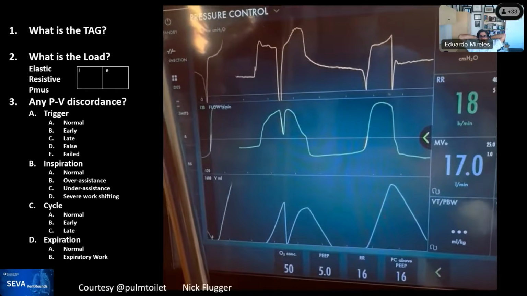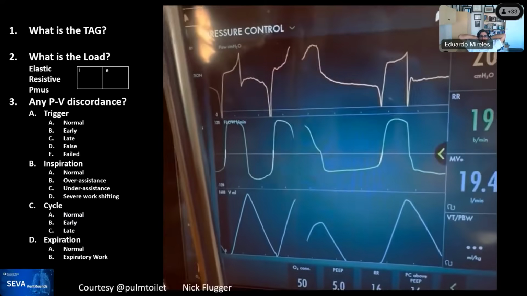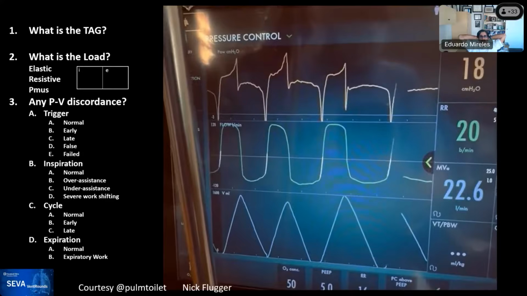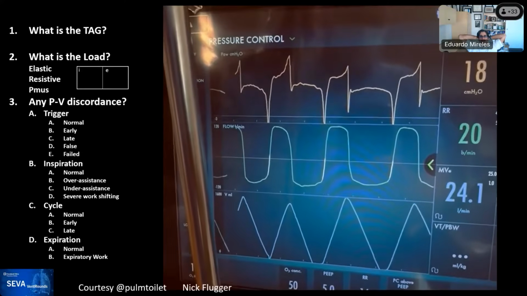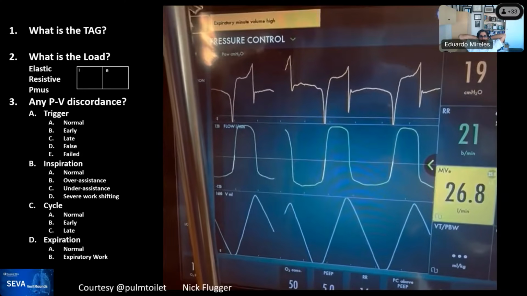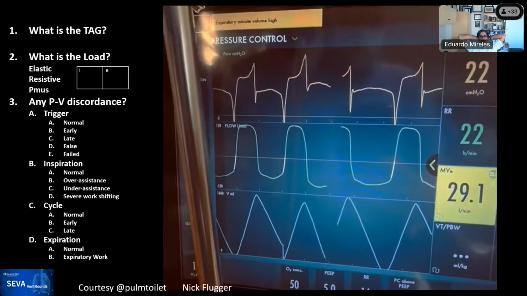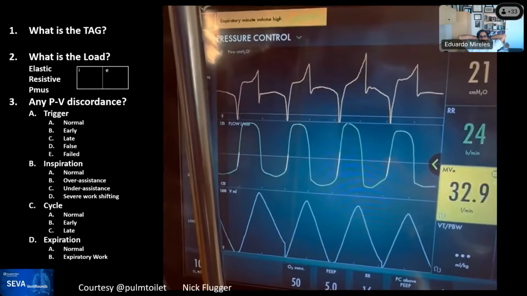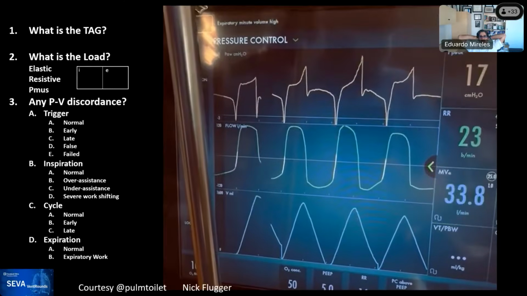Now there is an early cycle, and then it starts really high work of breathing for this patient with late cycles. The frequency is a lot higher, the depth of the breath is higher, putting in 1600 per breath.